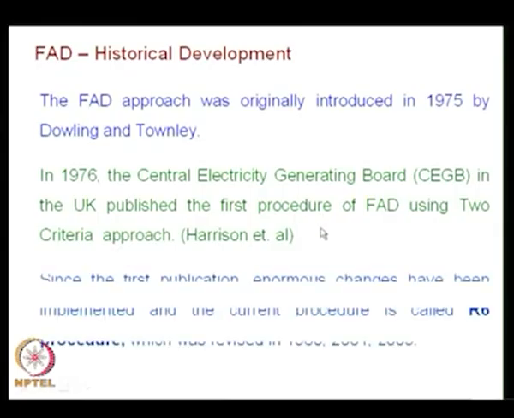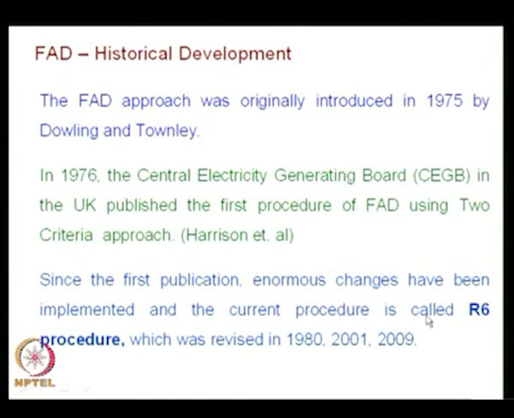And they also named the procedure the R6 procedure. Since the first publication, enormous changes have been implemented, and the current procedure is called the R6 procedure, which was revised in 1980, 2001 as well as 2009. As more and more experimental information pours in, people improve the procedure.